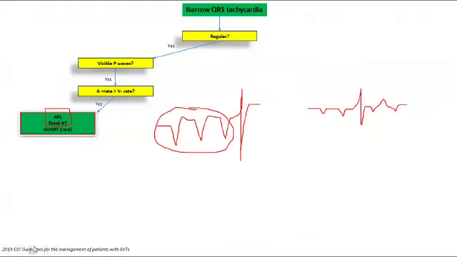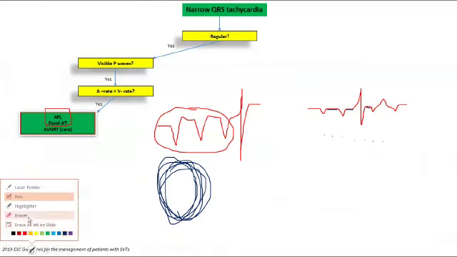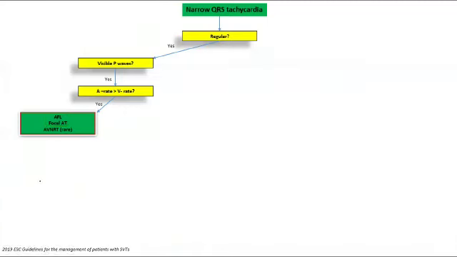The main difference here is that with flutter, you don't have an isoelectric line, whereas with focal atrial tachycardia, you have atrial activity, then an isoelectric line, atrial activity, isoelectric line. You see that? Whereas with flutter, you don't, because it's a continuous reentrant tachycardia, thereby giving you this wavy looking pattern, whereas this is a focus that keeps firing. So it's important to make that distinction.